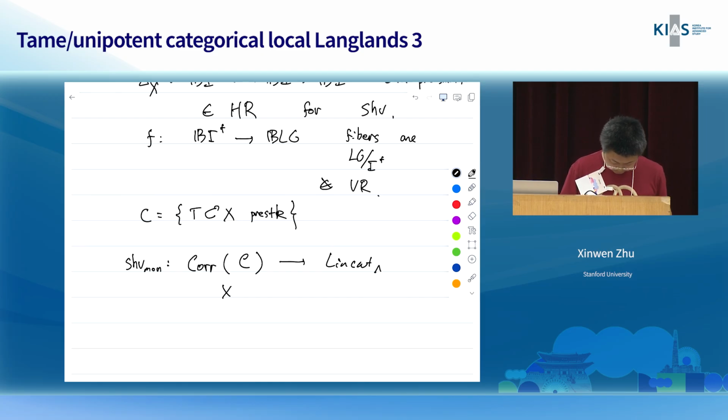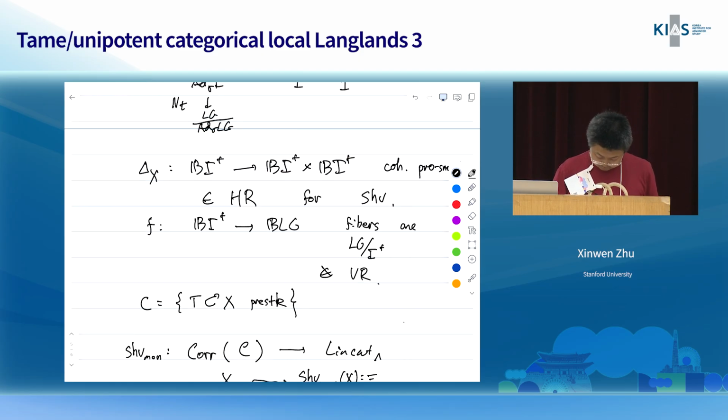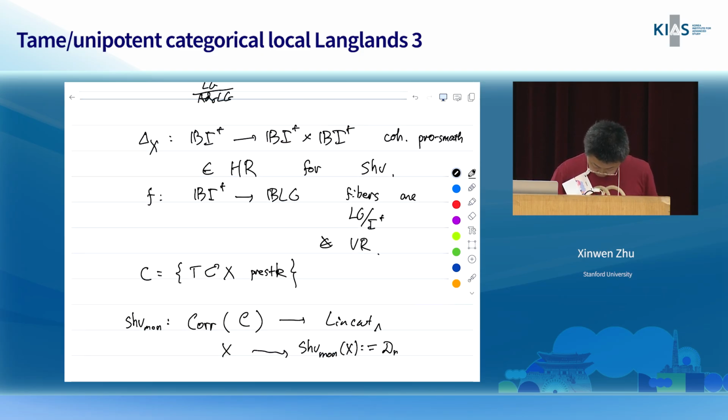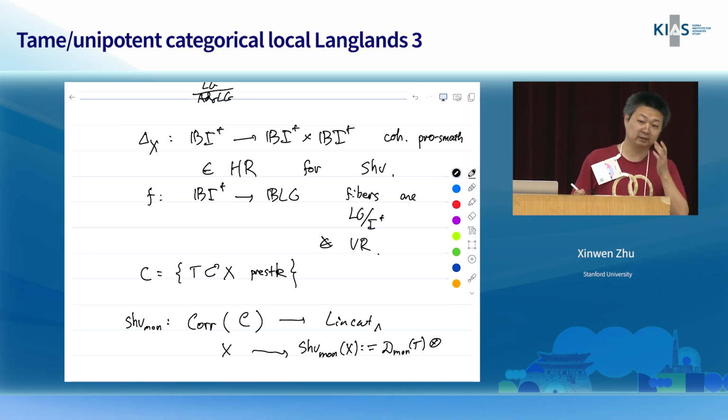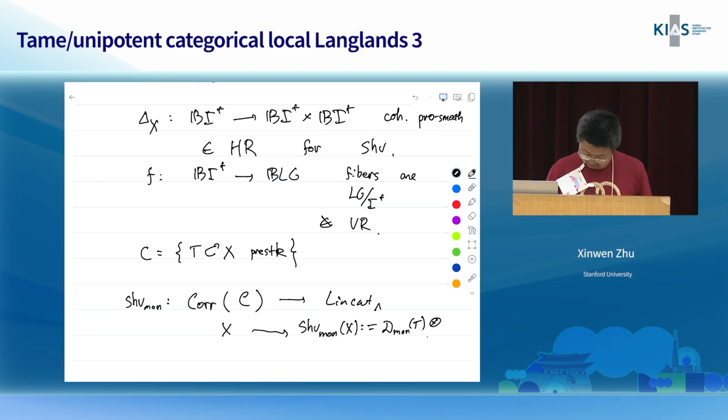You send X to X monodromic, which by definition is the category of all possible monodromic sheaves on X, which is actually an ideal inside the sheaves of T and then sheaves of X.